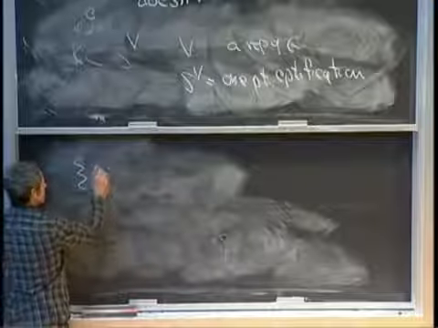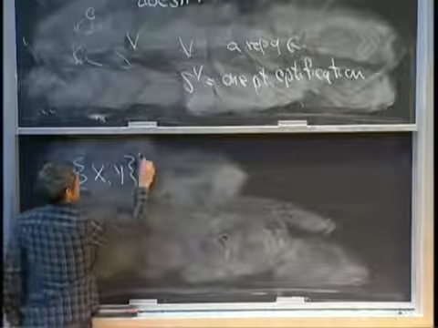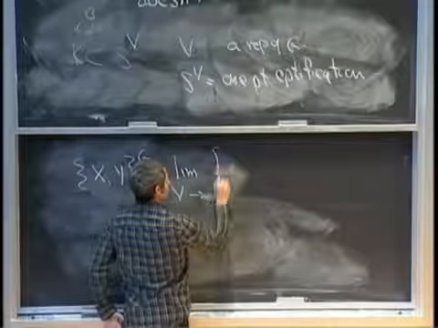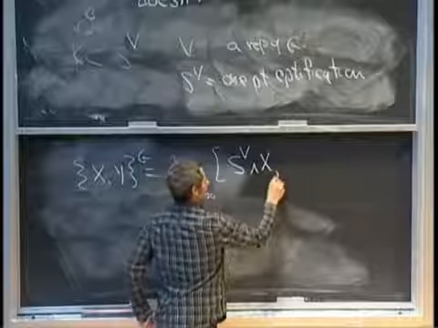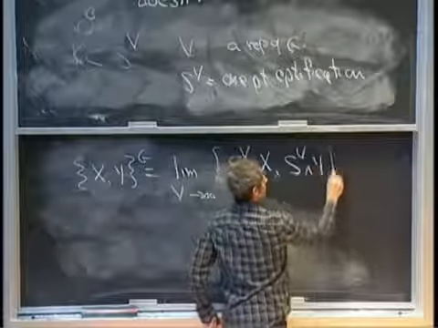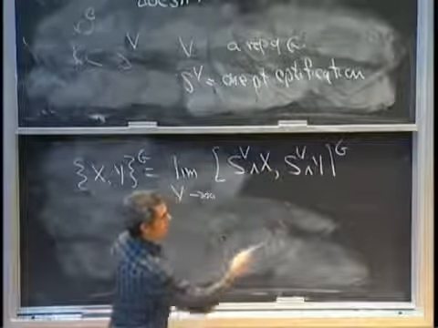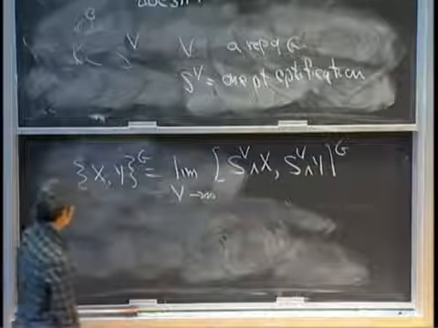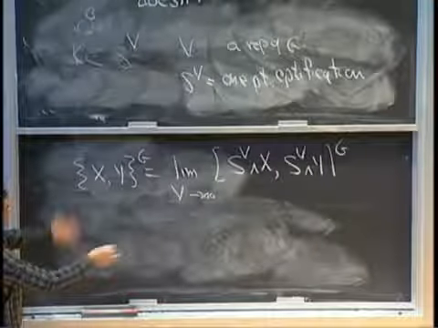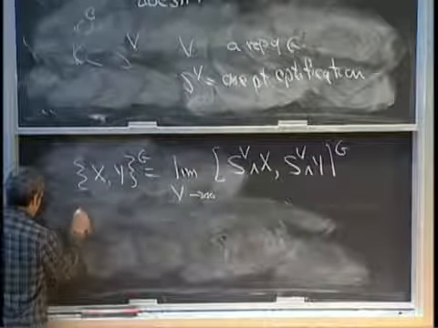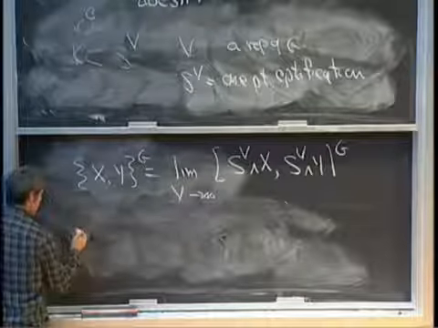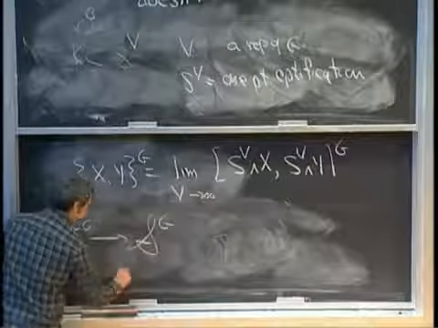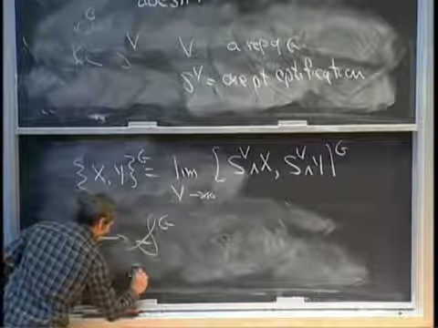I'll write [X, Y] for the limit as V goes to infinity of homotopy classes of maps from S^V smash X into S^V smash Y. So again, now I'm assuming that X is a finite G-CW complex or something. And these are the maps in the homotopy category of some other kind of stabilization, which I'll call G-spectra.